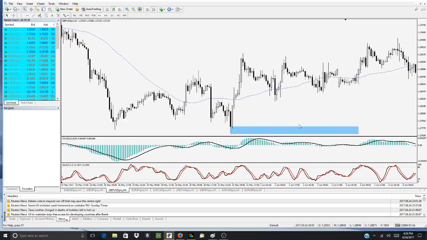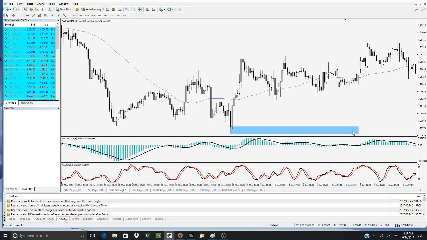Say for instance this came down, tested here. I would immediately buy. I would set my stop loss behind this blue shaded area, not the close, but the end of the wick. I'd set my stop loss and I take it up. And say it came back down again, I do the same thing again.